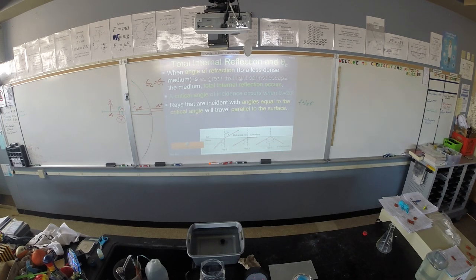If you were in a swimming pool and you were trying to see someone, you basically see a reflection of the bottom of the pool. And if you got really low to the swimming pool and you're trying to see someone in the pool, all you'd see is a reflection of the sky.